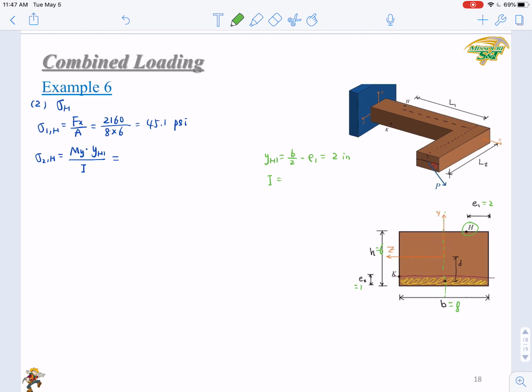So this I, I with respect to the y-axis, will be HB cube over 12, or 6 times 8 cube over 12. So here it would be 256.